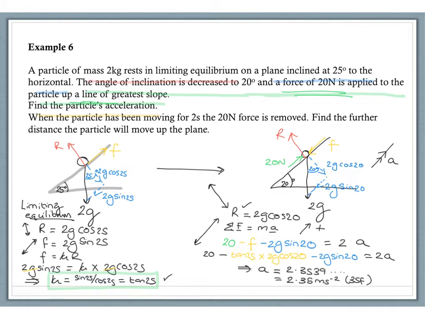Let's look at the last part of the question. When the particle has been moving for 2 seconds, the 20 Newton force is removed. Find the further distance the particle will move up the plane. So what we're going to do is work out a couple of things.